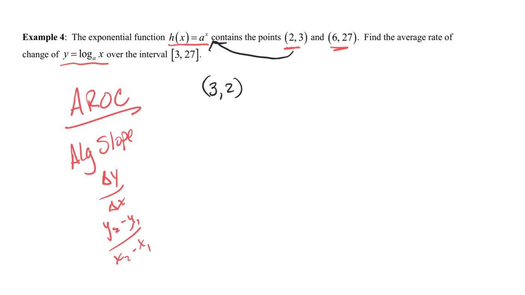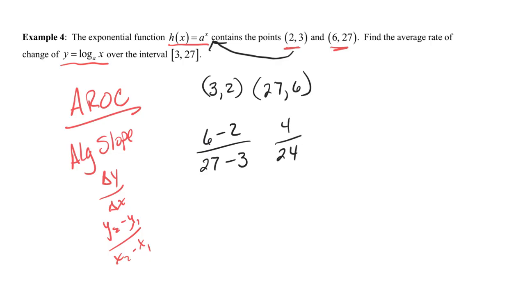If 6, 27 goes with my exponential, then 27, 6 has to go with my logarithmic. And now I have a couple of y's and a couple of x's, and I can find the change. I can do 6 minus 2 over 27 minus 3, or 4 over 24, or 1/6. And that would be our average rate of change over the interval 3 to 27.